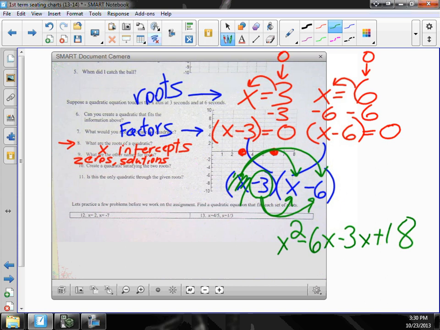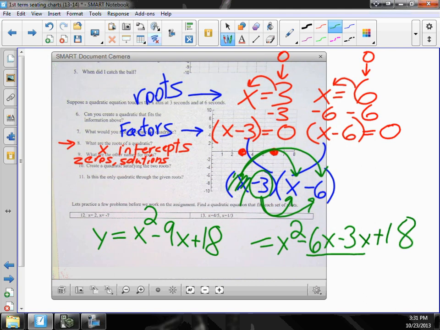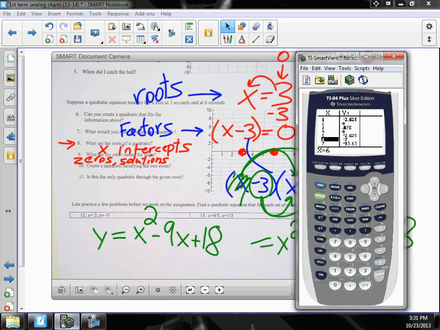Now I can simplify this. I can combine like terms and put together my negative 6x and my negative 3x, and I get an equation that says y equals x squared minus 9x plus 18. And just to show you, go into my y equals.